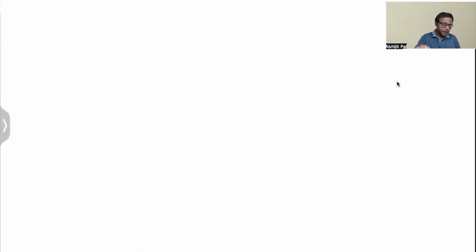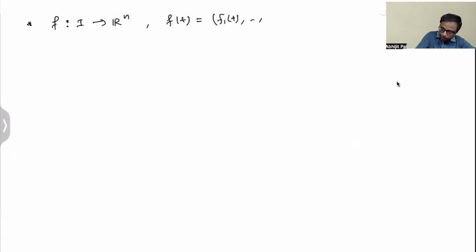So now, let me define a curve. So what do you mean by curve? Before defining curve, let me state this thing. Suppose you have a map f from I to Rn. So this f you can write like this: f(t) is equal to (f1(t), ..., fn(t)).